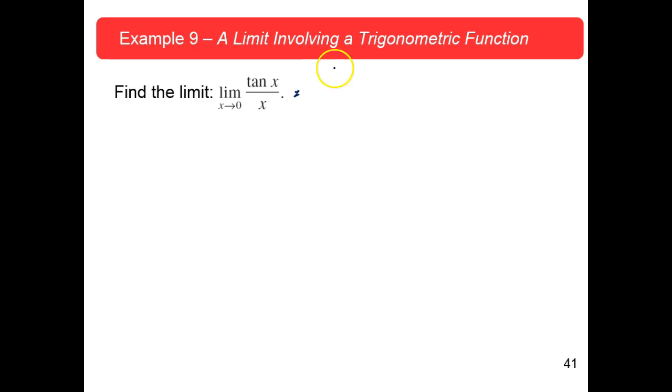I've already said it today once. What is tangent? Sine over cosine. That's sine x over cosine x times 1 over x, right? Just had to do something with it. Now, can you think of anything else to do with that?